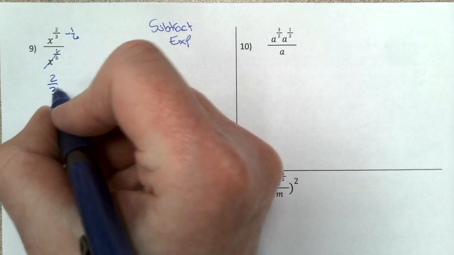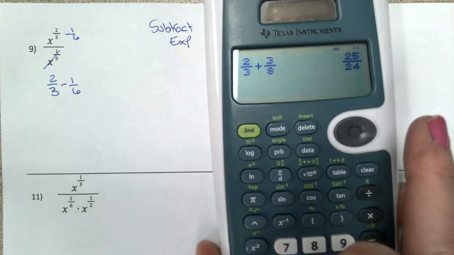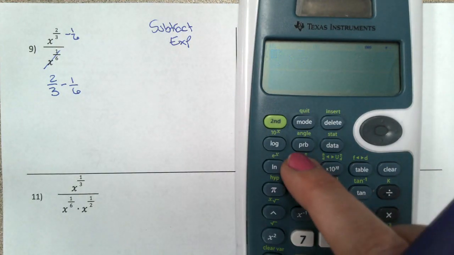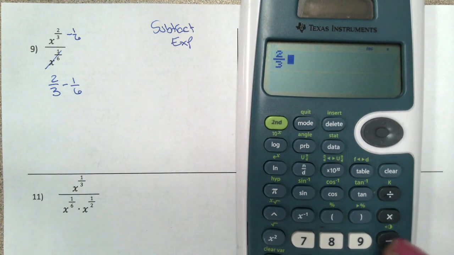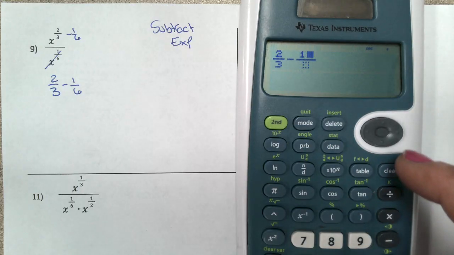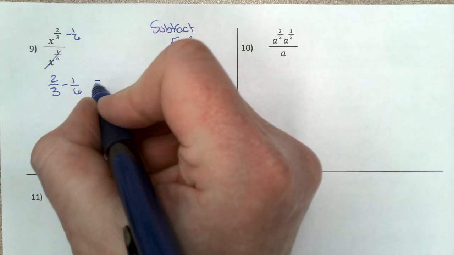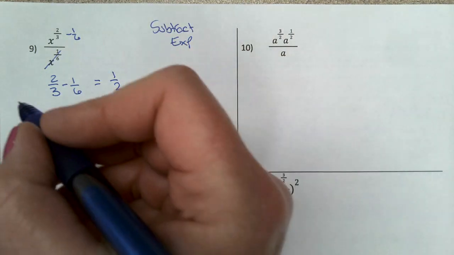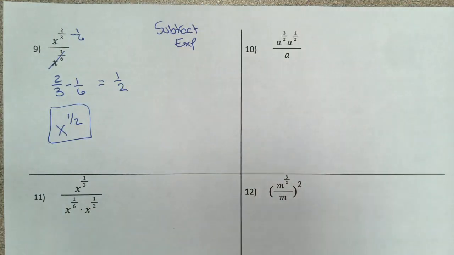So I have 2/3 minus 1/6. Clear. So I put in 2/3 minus 1/6, and I get 1/2. So this would be x to the 1/2.